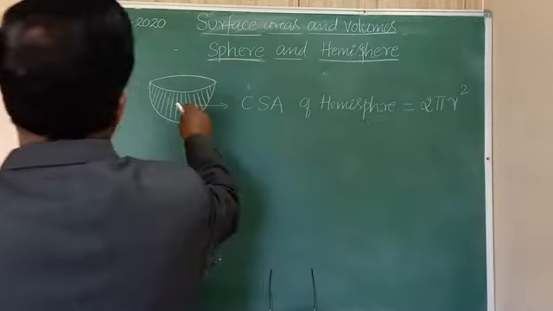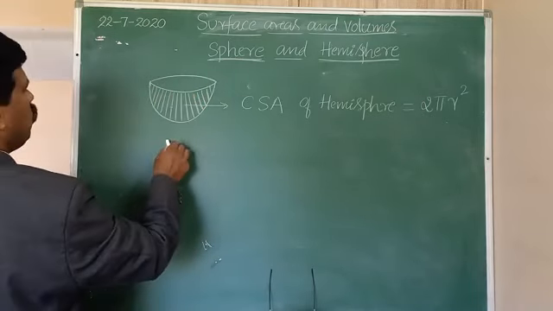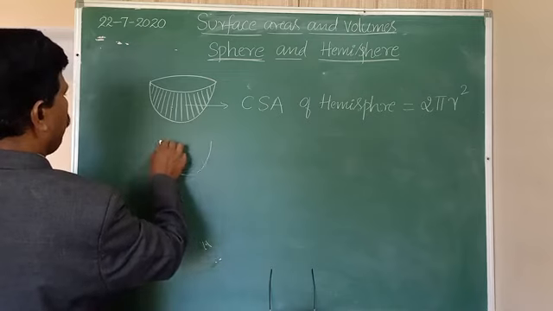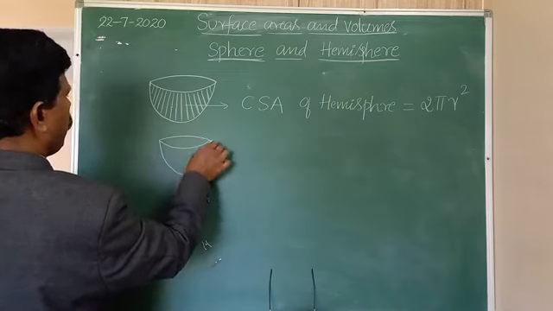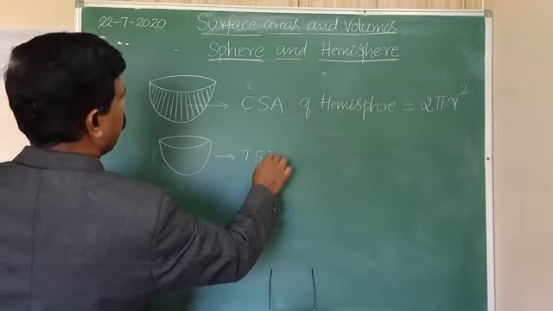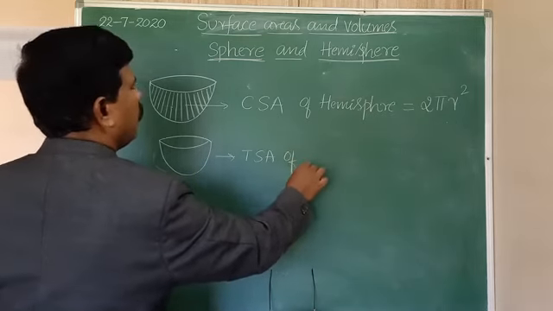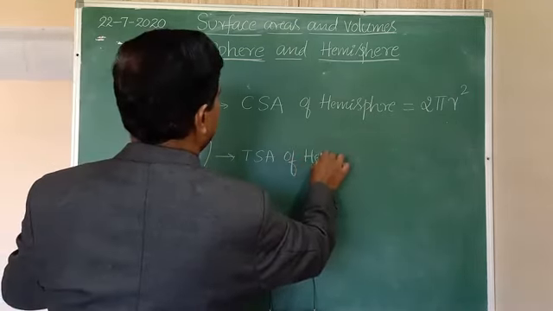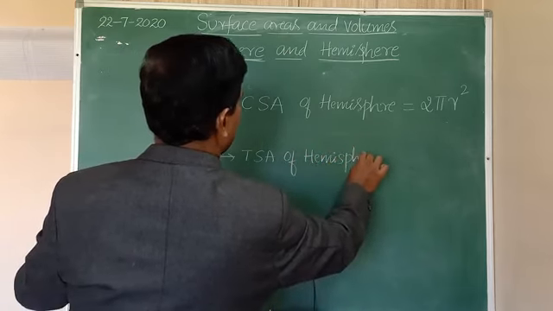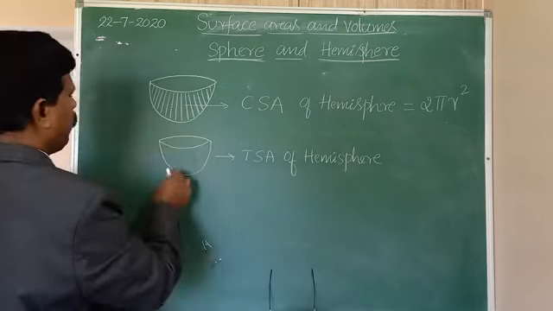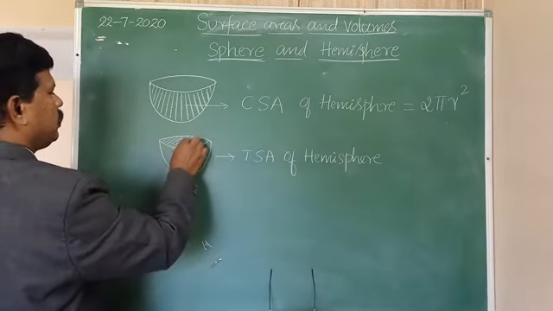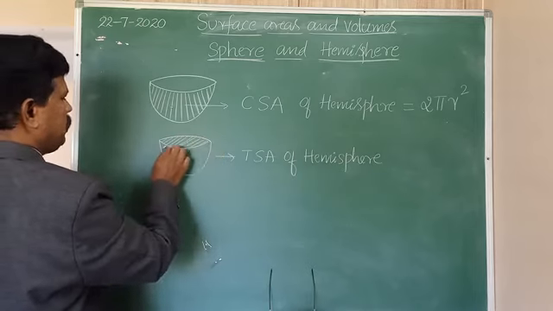Now what is this? So total surface area. TSA of hemisphere. Total surface area of a hemisphere is this part plus this.